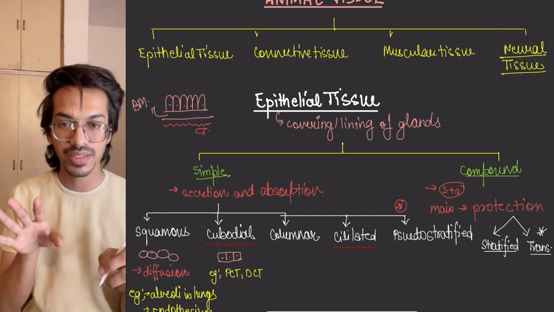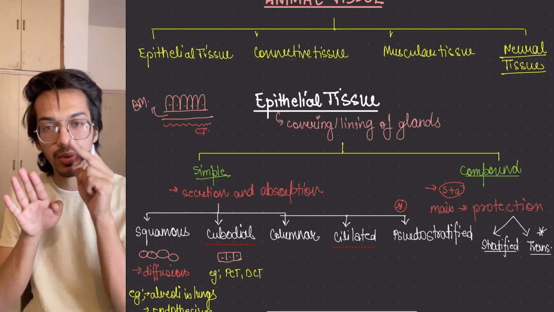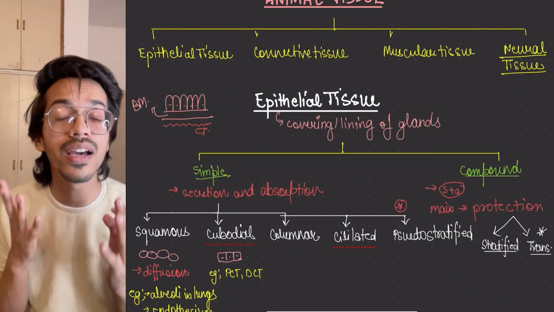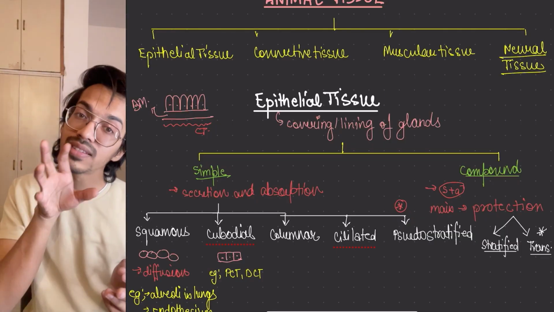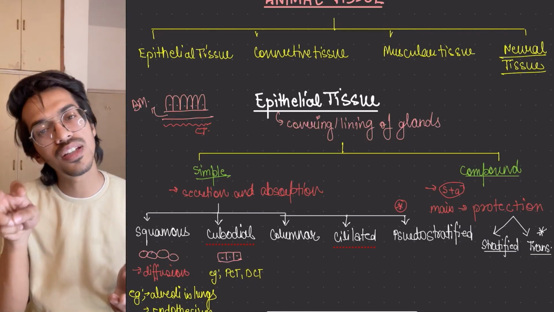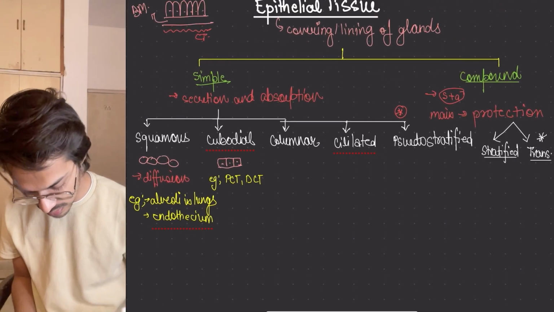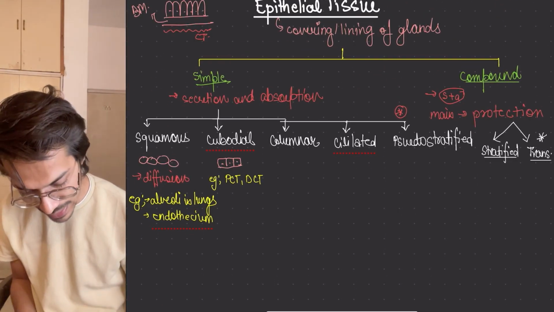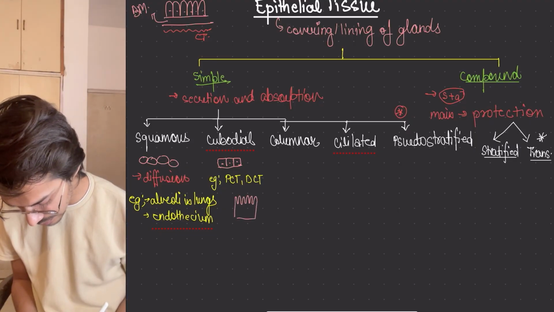On these parts, one side has finger-like projections. When finger-like projections are present, we call them villi, right? Since these cells are microscopic, they are called microvilli. Here I am going a little down and making the diagram. They have small microvilli present.